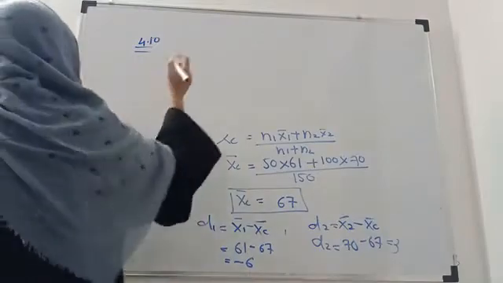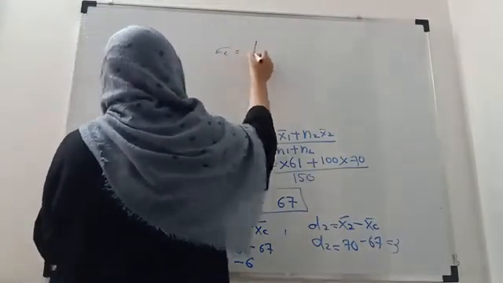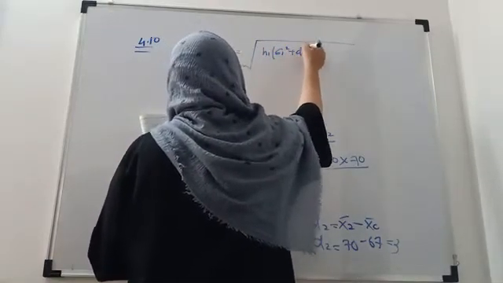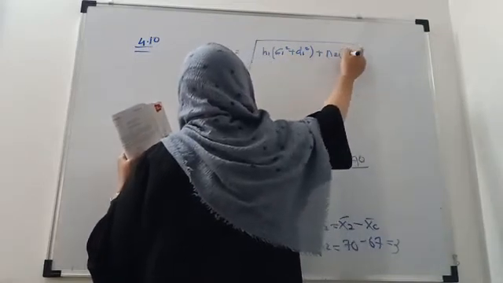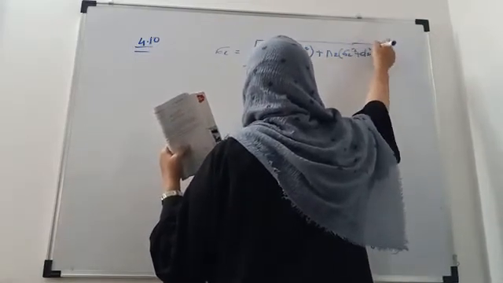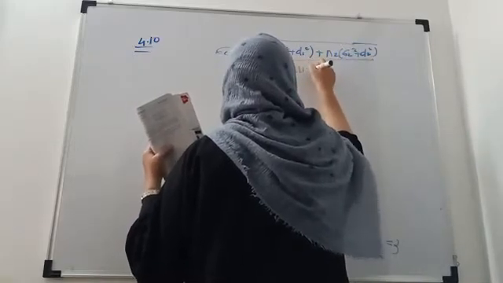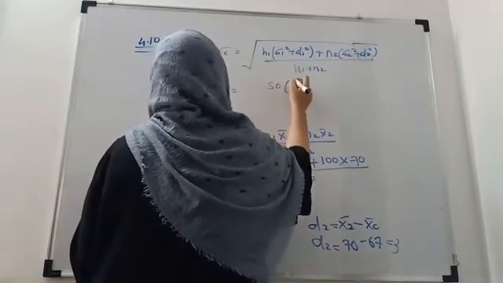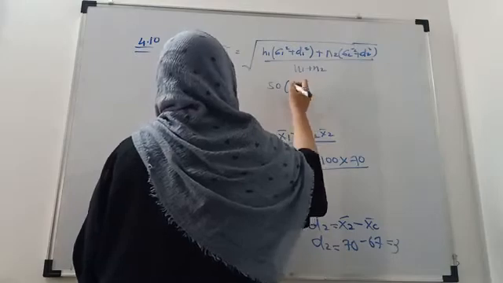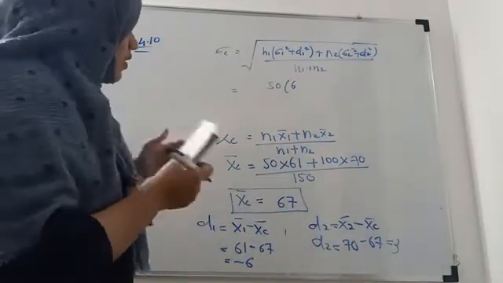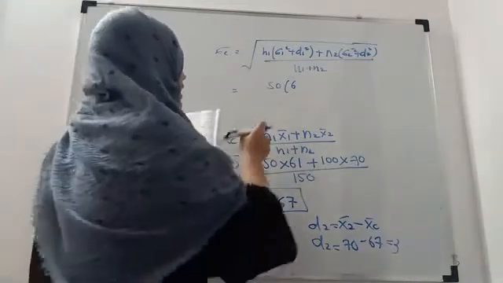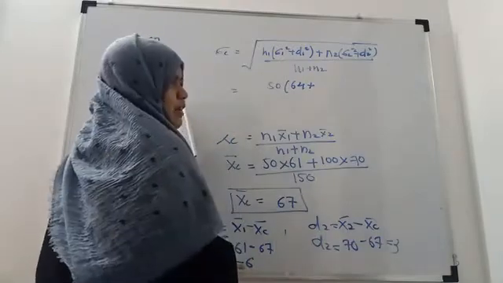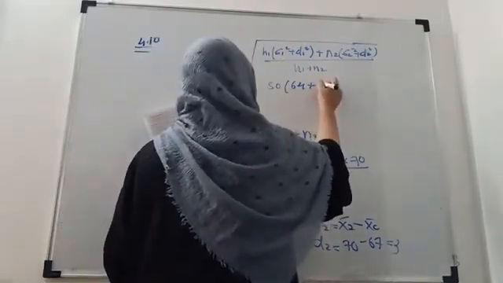Therefore, the combined standard deviation is given by the square root of (n1 sigma 1 square plus d1 square, plus n2 sigma 2 square plus d2 square) divided by n1 plus n2. So n1 is equal to 50 and sigma 1 square is, sigma 1 is given as 8, so 8 square is 64, plus d1 is minus 6, and minus 6 square is 36.